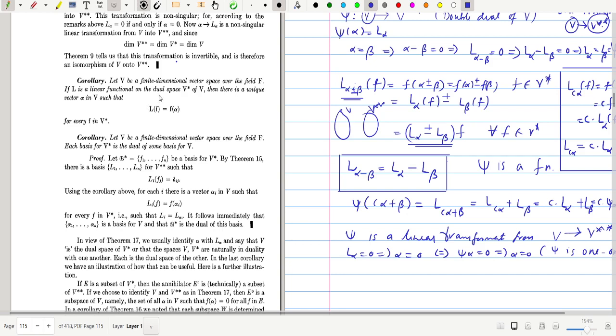That means L is a member of V double star, then there exists a unique vector α such that L(f) is equal to f(α).